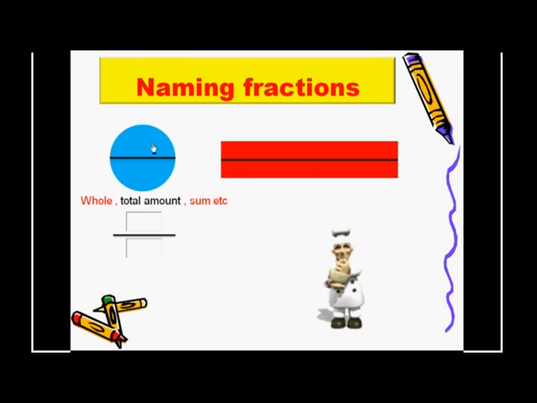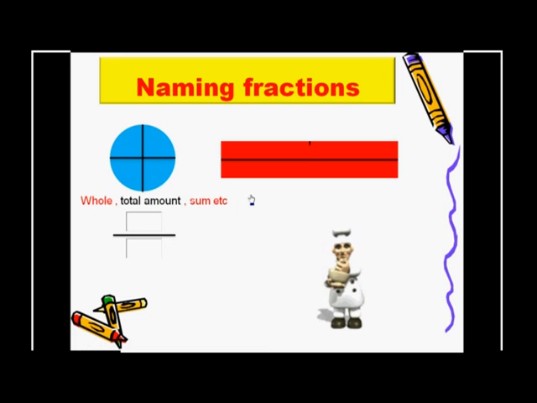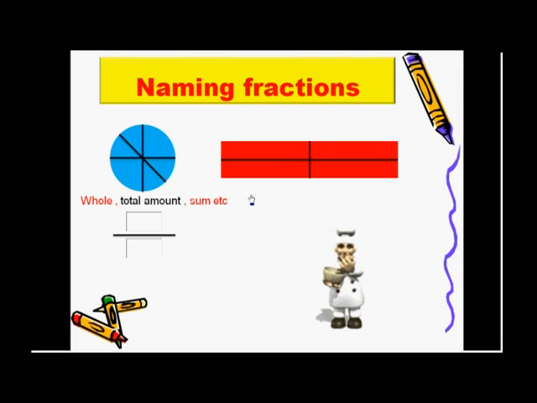So I have two parts here and two parts here too. What did I do this time? Yes, I divided the same circle into one, two, three, four different parts. And the same for the rectangle: one, two, three, four.